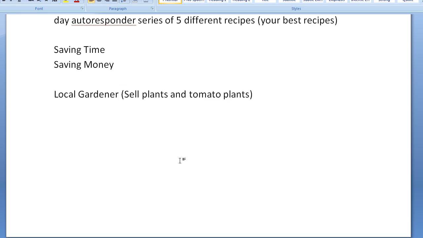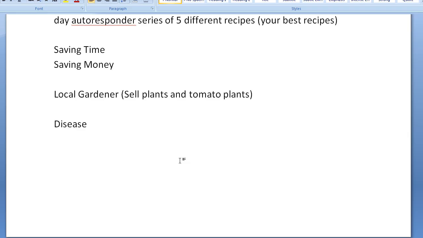So I'm going to start the clock here and let's brainstorm. So the ultimate goal for somebody who wants to grow a plant or grow a tomato is for the plant to grow so that it doesn't have disease.